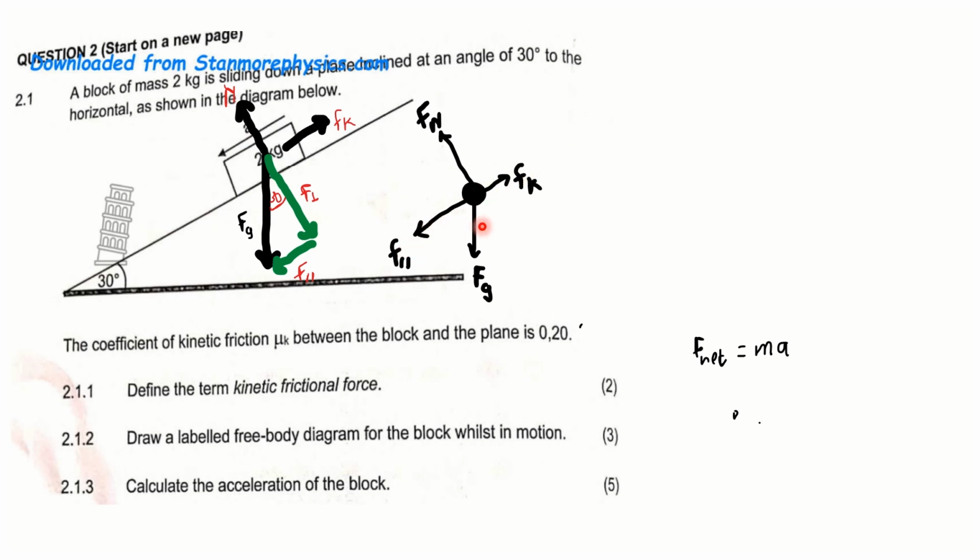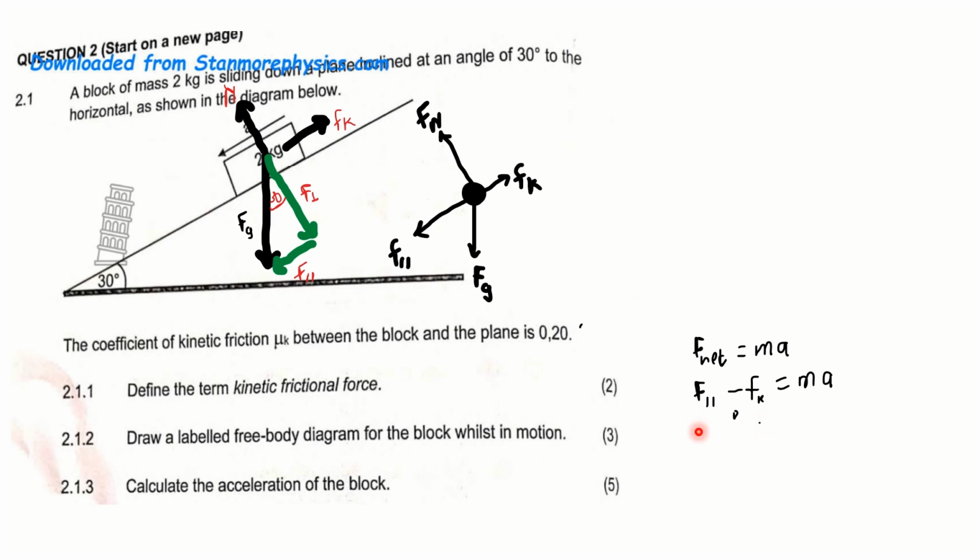That's why we will write it as F parallel. Let's say we make it positive, but then we are forced to make this one negative because they are going in different directions. We'll say minus Fk. Remember, friction force opposes the direction of the motion, right? Then I will say this is equal to ma like this.